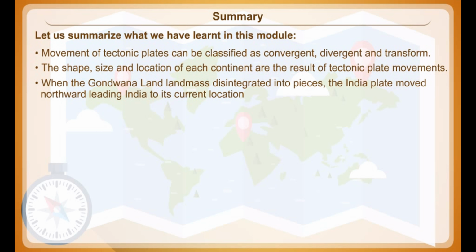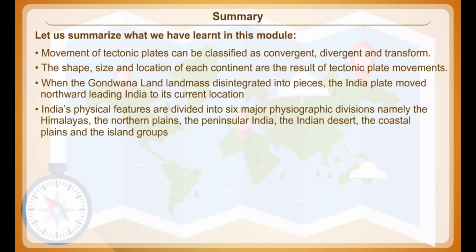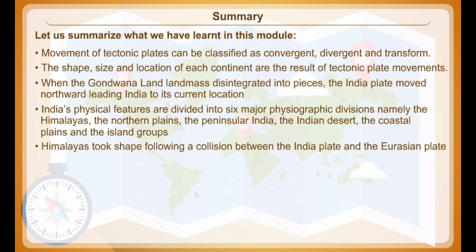When the Gondwanaland landmass disintegrated into pieces, the India plate moved northward, leading India to its current location. India's physical features are divided into 6 major physiographic divisions, namely the Himalayas, the northern plains, the peninsular plateau, the Indian desert, the coastal plains, and the island groups.